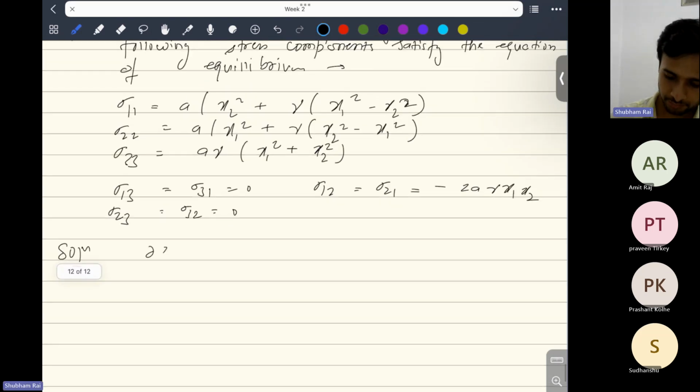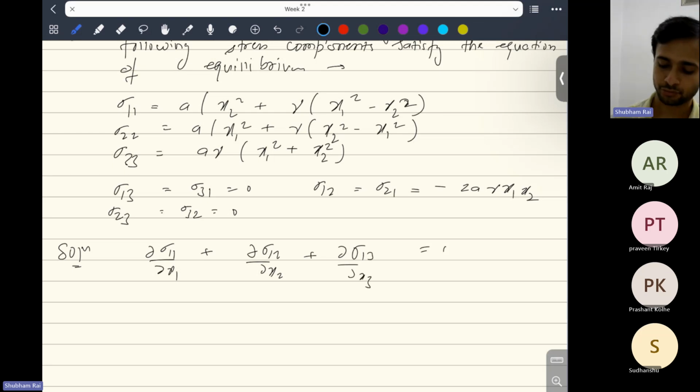The first equilibrium equation is del sigma 1 1 over del x1 plus del sigma 1 2 over del x2 plus del sigma 1 3 over del x3, and there's no body force, so that will be equal to 0. So let's put that. So del sigma 1 1 over del x1 will be 2A nu x1 plus del sigma 1 2 over del x2 will be minus 2A nu x1, right?